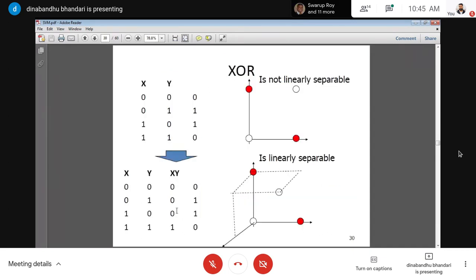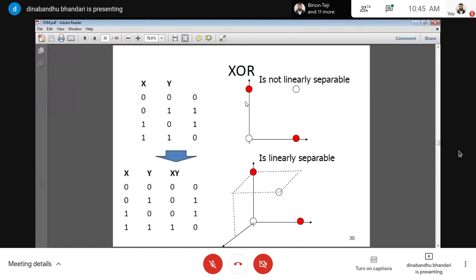Now, let me just repeat this example. We all know that XOR data is not linearly separable. XOR function we are very much familiar with. Let us consider only the binary data, where we take only 4 points. That is 0, 0, output is 0; 0, 1, output is 1; 1, 0, output is 1; 1, 1, output is 0.